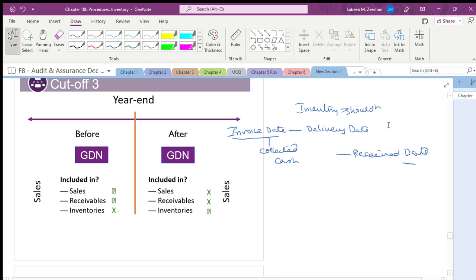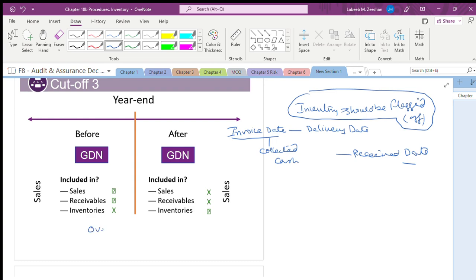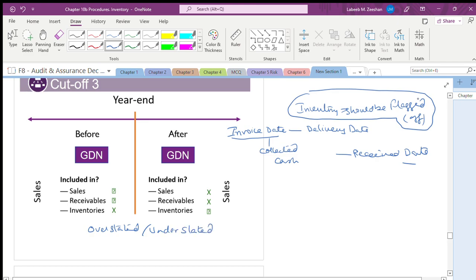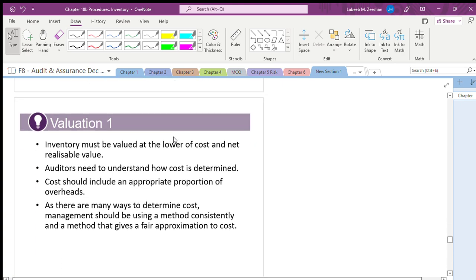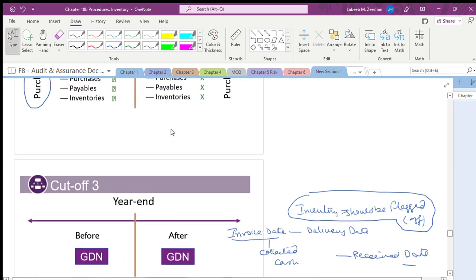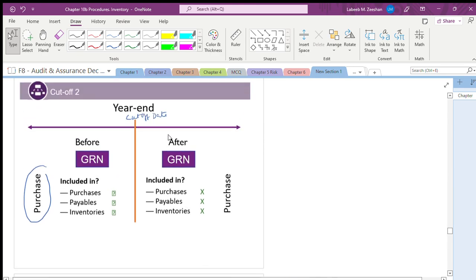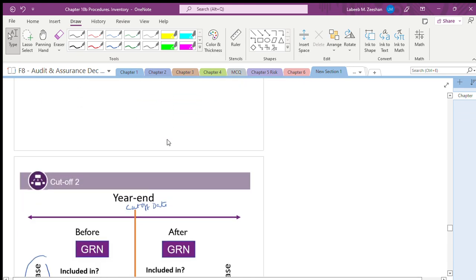Otherwise, why we are concerned about this is that either it will be overstated or it will be understated. That is the concept of a cutoff in terms of purchases and in terms of sales.